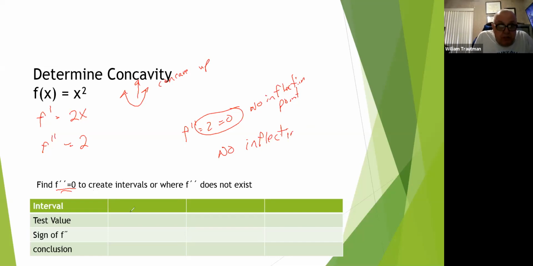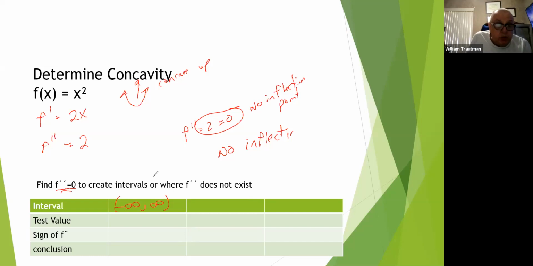If there's no inflection points, then the interval is from negative infinity to infinity. We're going to mark the inflection points down on this interval, but there are none, so our graph is from negative infinity to infinity.